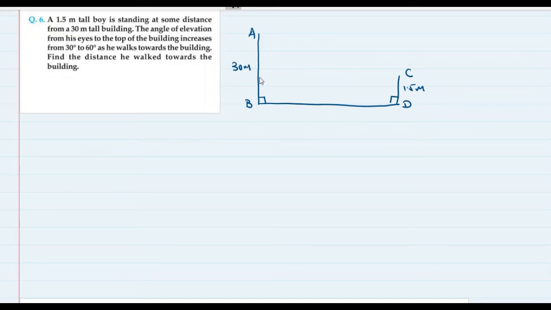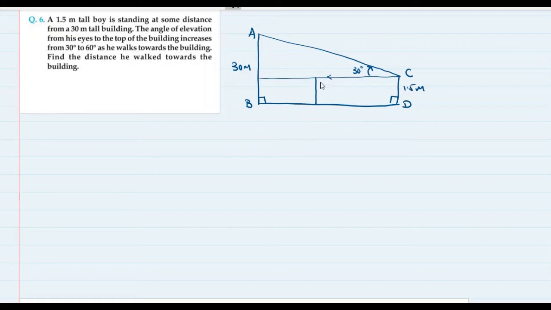See, now from this point, this is the line of sight of the boy. And if he looks up towards the top of the building, then he finds the angle of elevation from this point to be 30 degrees. But the boy walks and comes to, let's say, this point.